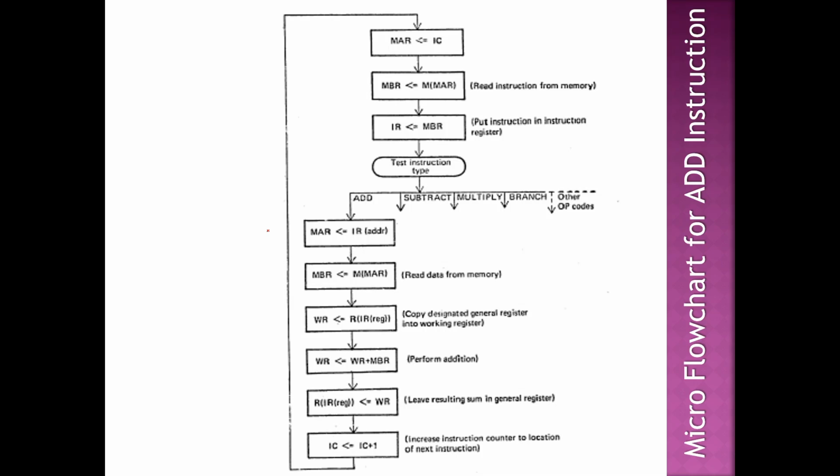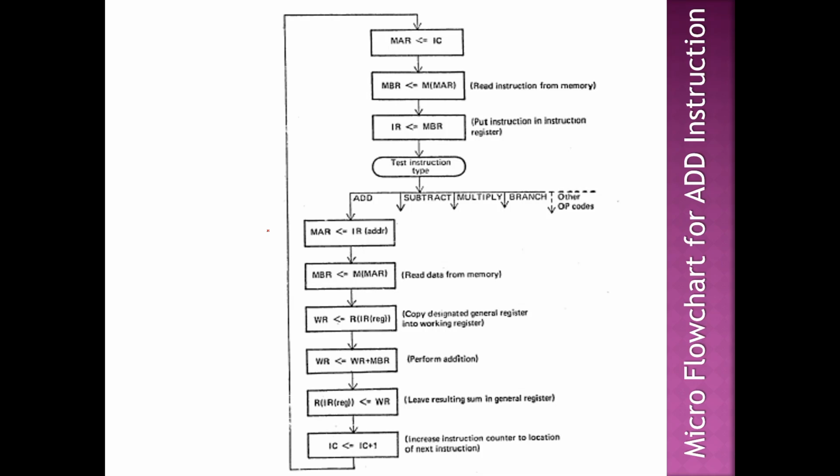Next step, working register is equal to the previous working register value, which means the register 2 value plus MBR. What is the content of MBR? MBR has the value present in 176. So you are adding the contents of 176 plus the contents of register 2, and that value is stored in your working register. Now we are passing the working register value into the register present in the instruction register. What is the register present?